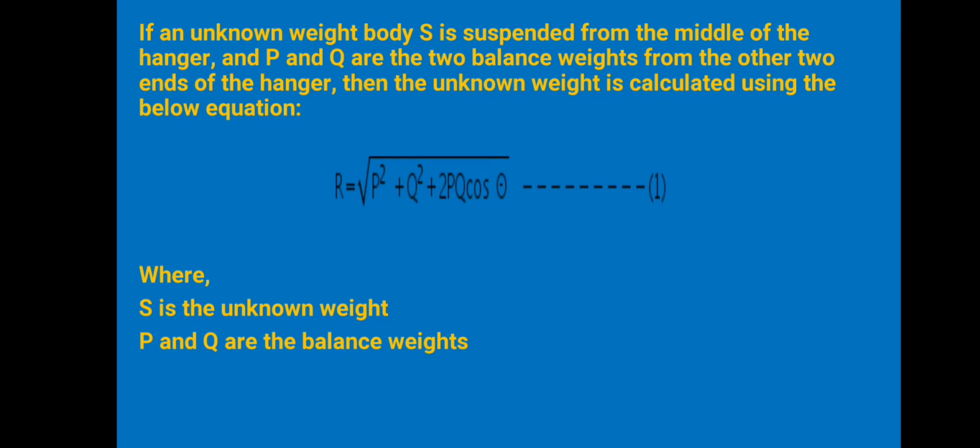The equation is the equation of the resultant of vectors. R is equal to under root P square plus Q square plus 2PQ cos theta.